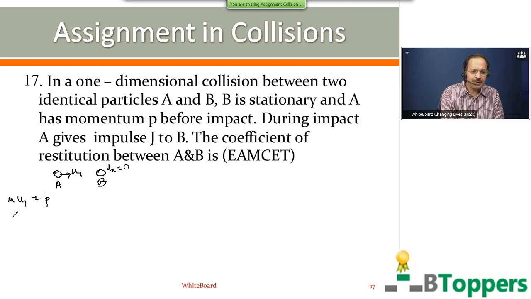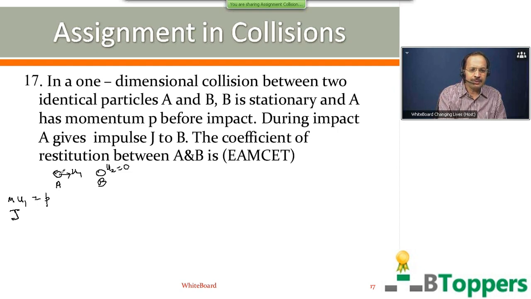J is the impulse given to B by A. If you give a positive sign for the initial velocity u1 and momentum of A before collision, you can give a positive sign for the impulse given to B by A towards the right, which is in the same direction.